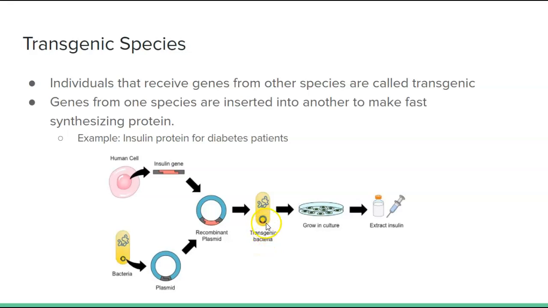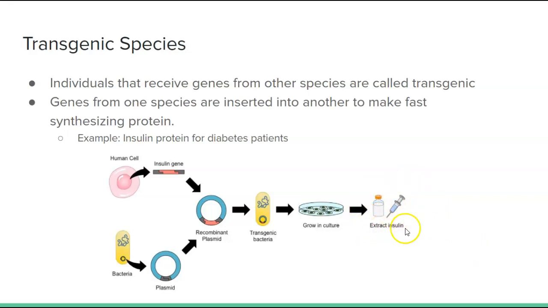We're going to grow this bacteria in culture because bacteria replicate every 20 minutes. It's so fast. So we're going to put it in culture and replicate it tons of times, where we have essentially unlimited insulin, and then we can extract that insulin, and that's what people use if they can't make their own insulin.